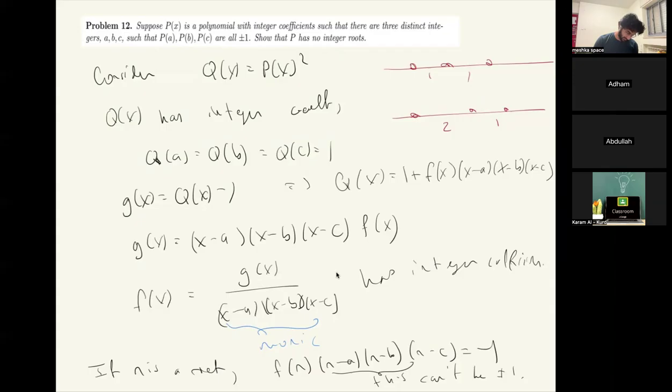And if the spacing is like this, then you would have n equals b. There's something to check here. I don't want to go over the nitty-gritty details, but you guys see this expression can never be plus or minus 1.